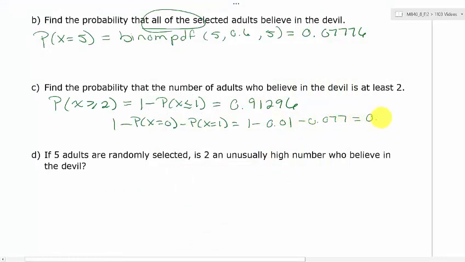And you get 0.913. So we get the same result if we round to 3 decimal places for our calculator option.